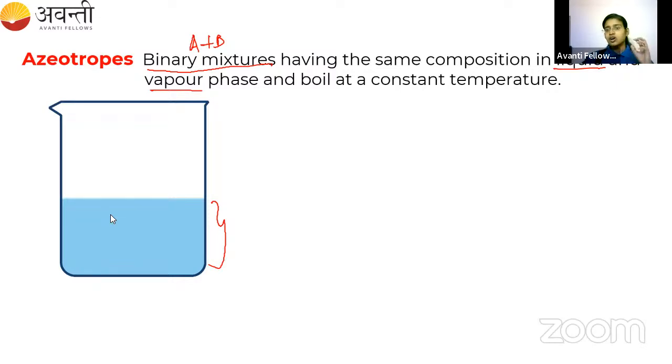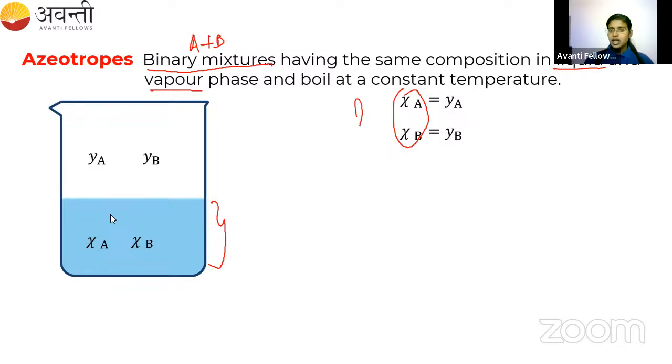Now the composition of these two is going to be equal in the liquid and the vapor phase, means XA is equal to YA, XB is equal to YB. XA and XB are the mole fractions of them in liquid phase, and YA and YB are the mole fractions of the components in vapor phase. Now, if they are equal, then those mixtures are called azeotropes.